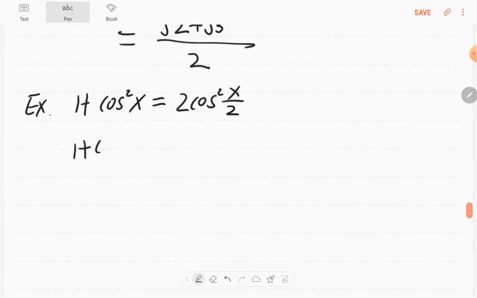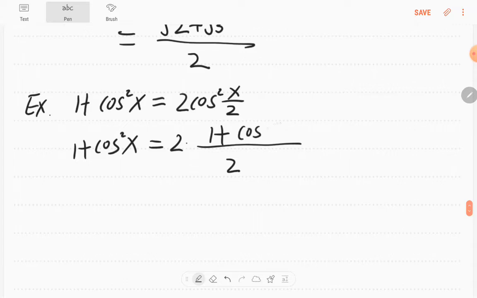So this one is 1 plus cosine square of x equals 2 times 1/2 1 plus cosine 2 times 1/2 x, right? 2u. So 2 and 2 cancel out.